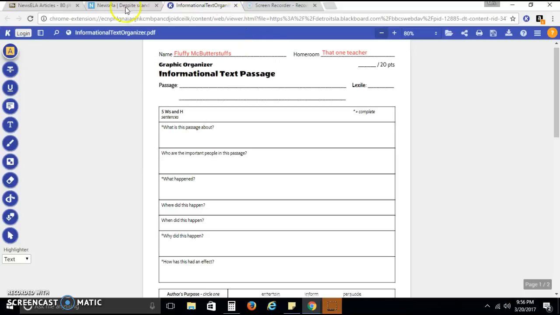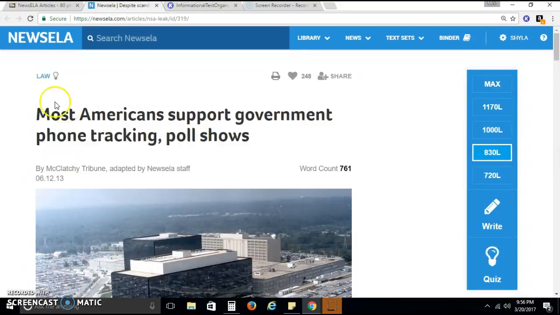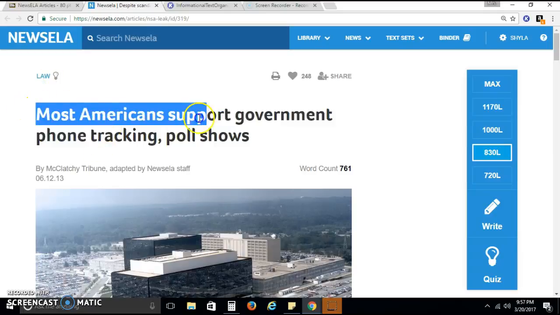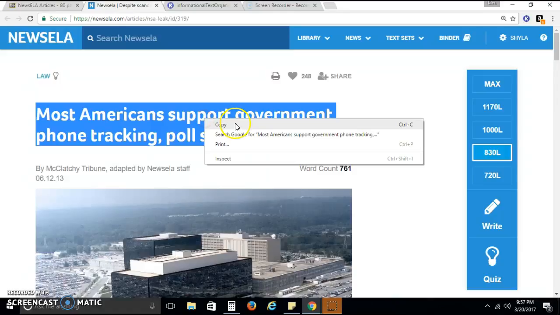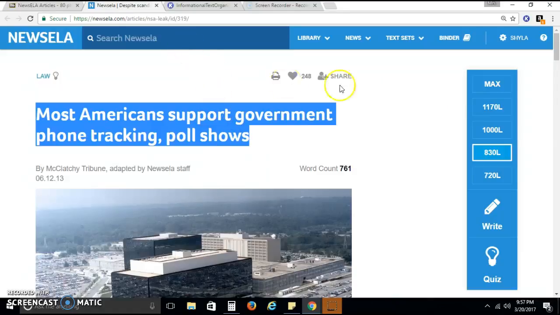The article that we're going to use today is called Most Americans Support Government Phone Tracking, Poll Shows. So I'm going to just go ahead and grab the title. Notice this is an 830 Lexile level.